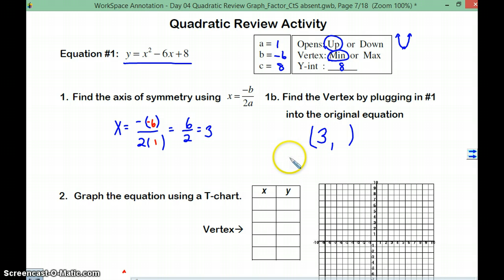Okay. Let's go ahead and plug 3 into the equation. So let me make the skeleton of the equation right here. I'm going to have x squared minus 6 times x plus 8. Let me plug in 3. 3 goes here and here, everywhere x was.